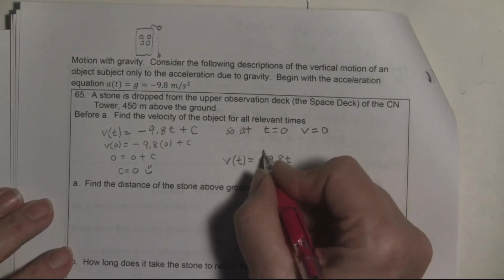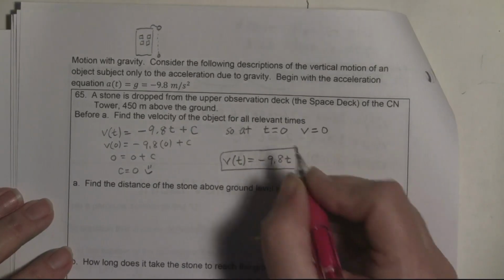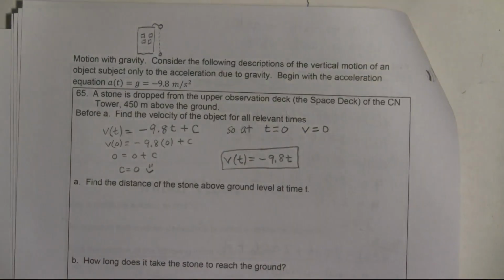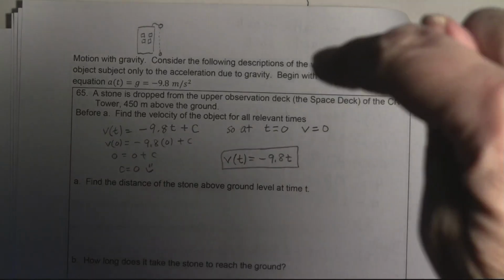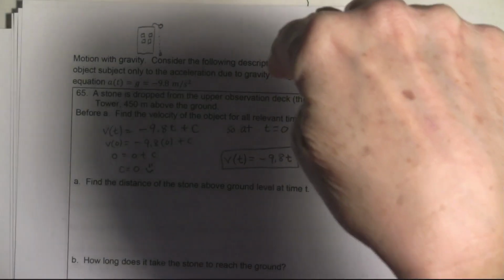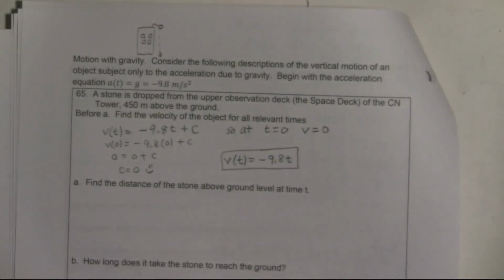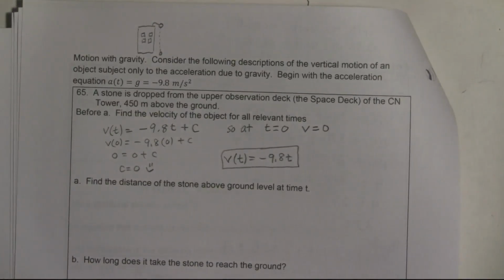Now, that would be different if instead of dropping the stone, they were throwing the stone. If they were throwing the stone downward, the velocity going down is negative, so whatever rate they told you the stone was thrown at would be negative.